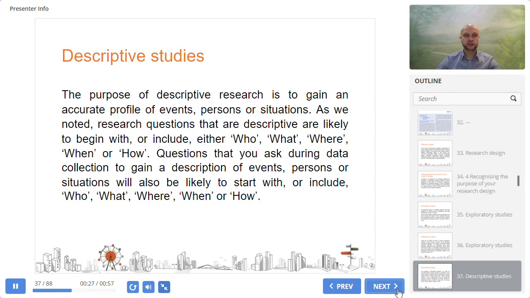Questions that you ask during data collection to get a description of events, persons, or situations will also be likely to start with who, what, where, when, and how. Descriptive research may be an extension of a piece of exploratory research, and so it is necessary to have a clear picture of the phenomenon on which you wish to collect data prior to the collection of the data.